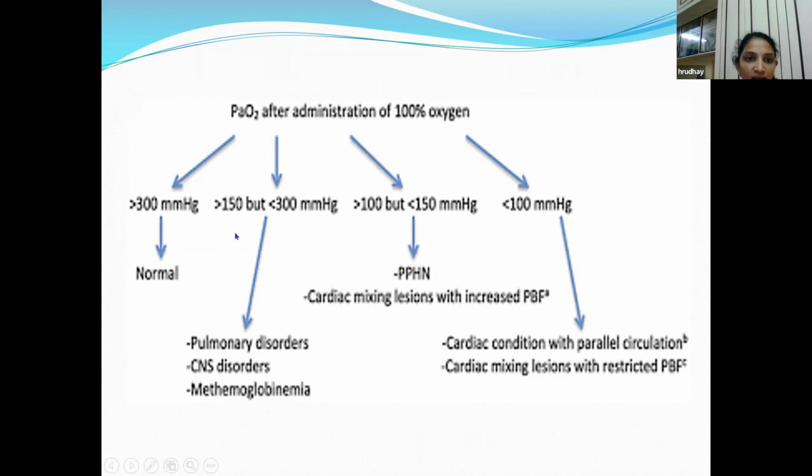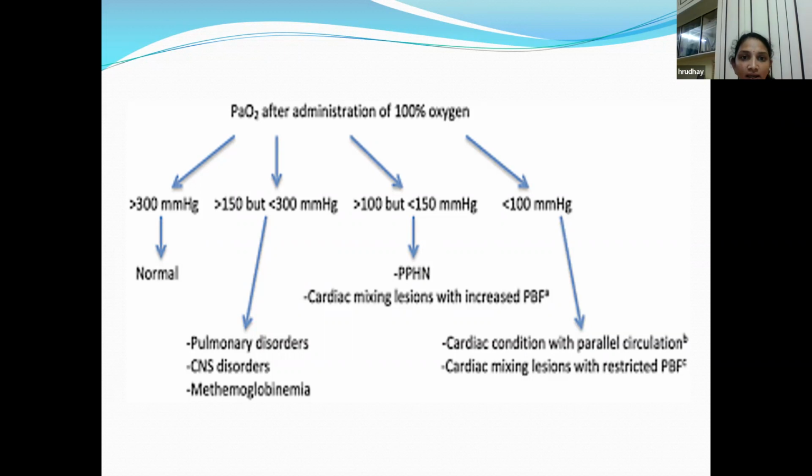If it is between 150 to 300, then it is a pulmonary disorder or could be a CNS disorder or methemoglobinemia. If the PaO2 is between 100 to 150, then it is PPHN or cardiac mixing lesions with increased pulmonary blood flow. Less than 100 is typically seen in cardiac conditions with parallel circulations like TGA or cardiac mixing lesions with restricted pulmonary blood flow like pulmonary atresia or tricuspid atresia.